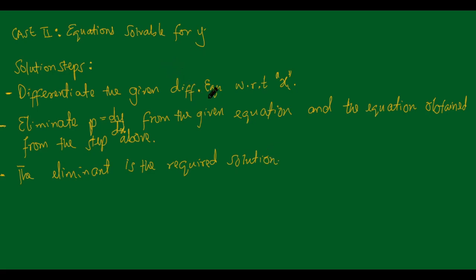So we're going to take a look at a question to show how this method works. So here goes the question. Question says that we should solve the equation y is equal to x minus a dy dx minus dy dx squared.